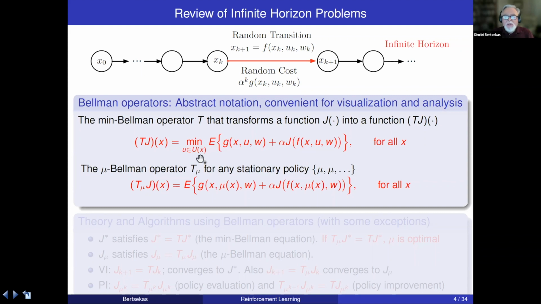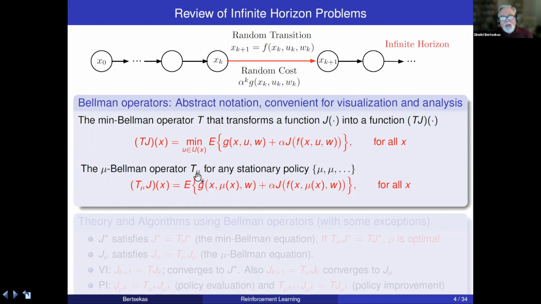It involves minimization over the expected value of the first stage cost, plus the expected value of the cost to go from the next state that we land using u, as represented by the function J. So this J is like a cost function, and TJ is another cost function that's obtained by the minimization that arises in dynamic programming expressions.